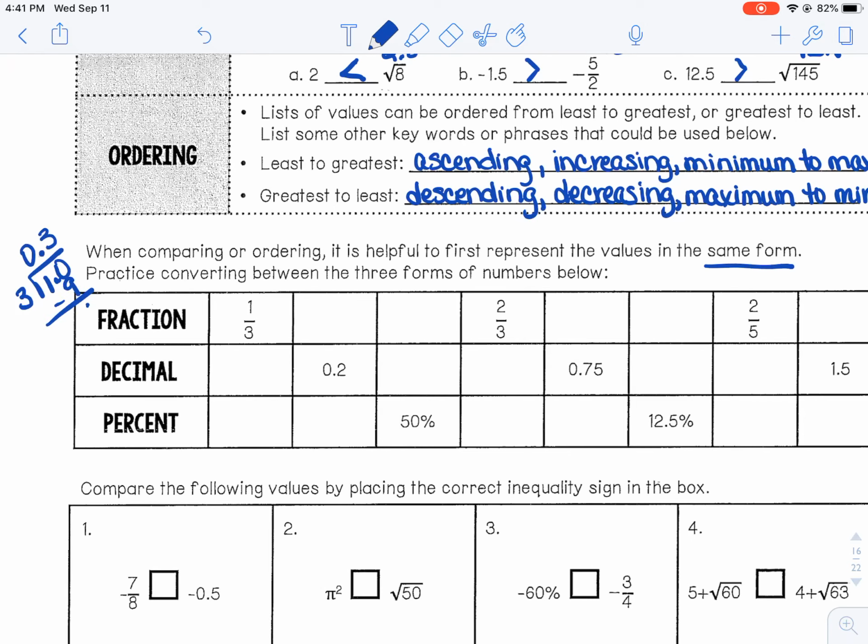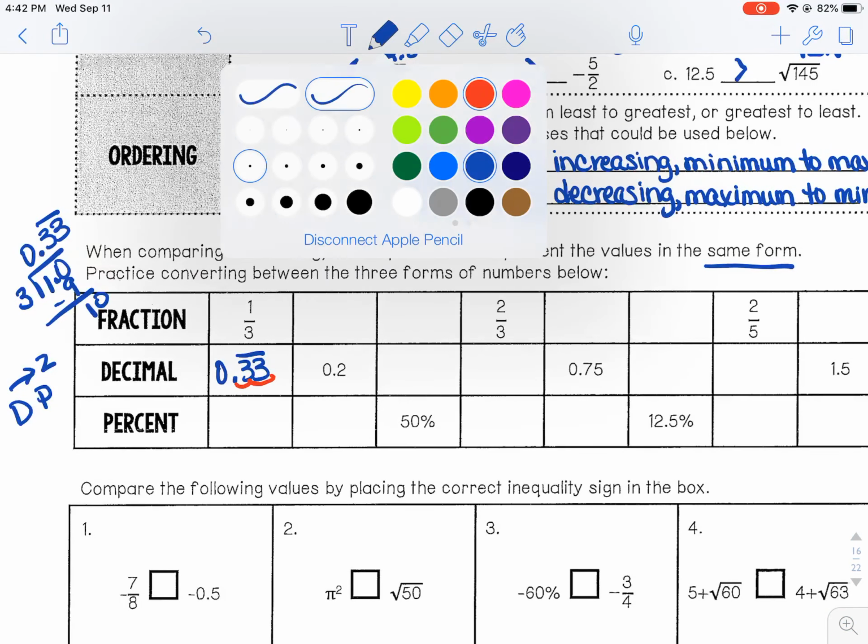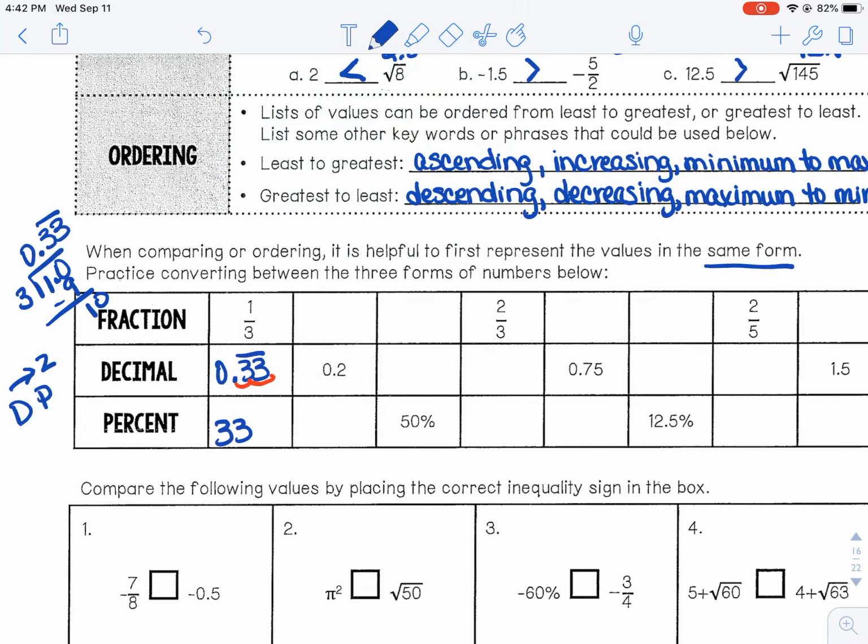And you'll see that you have a repeating fraction going on. So in decimal form, this will be 0.33 repeating. If I were to change that to a percent, remember, if we're going from a decimal to a percent, we're going to the right 2 places. So I'm going to move my decimal point 2 places to the right. 1, 2. That's going to give me 33%. Or even 33.3 repeating percent.